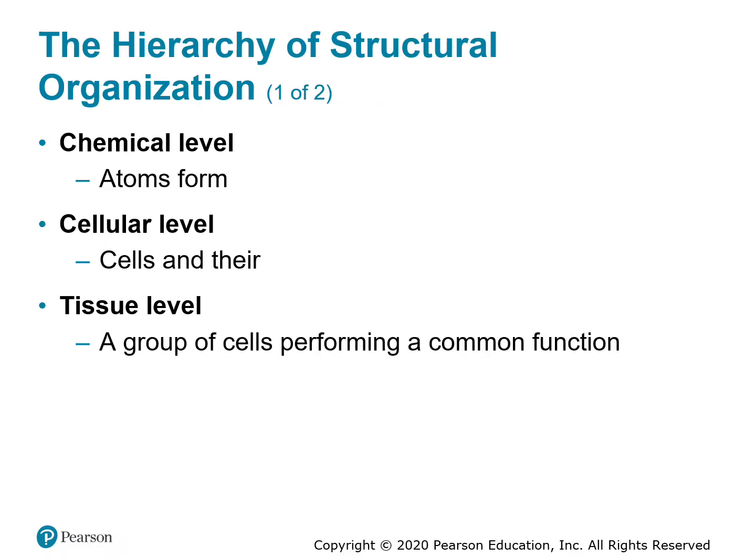So that was one part. We're moving on to a new thought. Now we're talking about structural organization. How do we get the structures that we are building? First, we start at the chemical level. At the chemical level, atoms will form molecules.